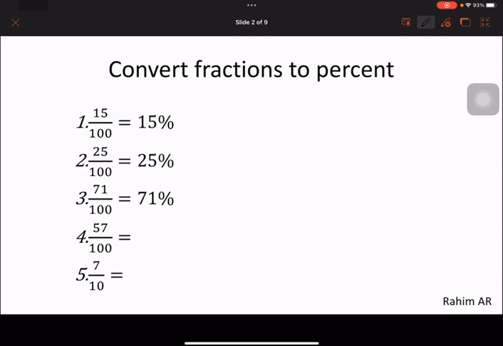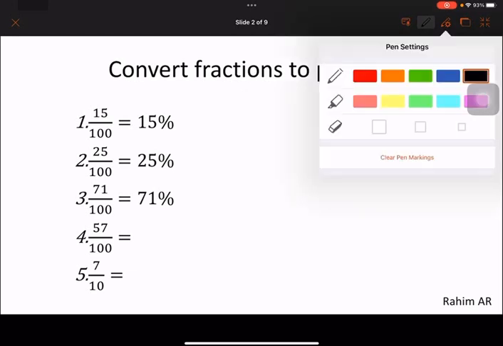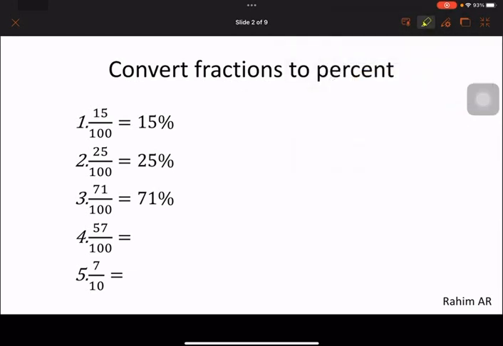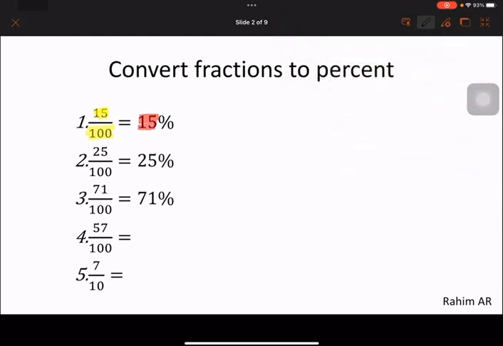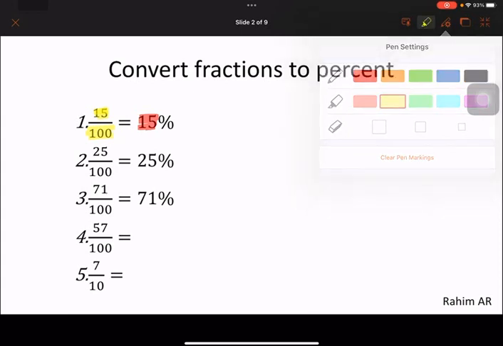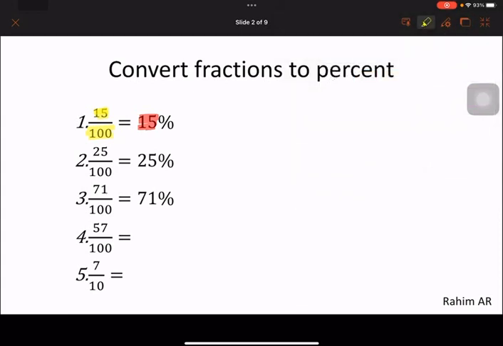First, I want you guys to analyze the examples here. Look at the first question: 15 over 100, and the answer is 15%. Next, look at the second example. The denominator, the number at the bottom, is 100, and the numerator is 25.